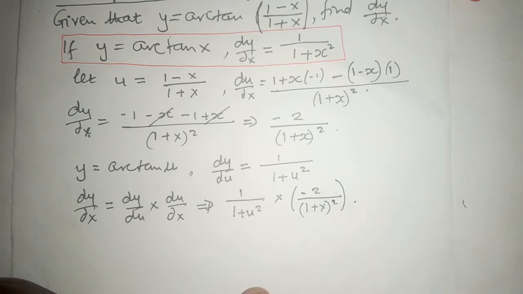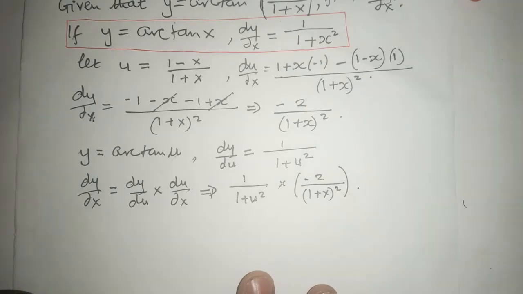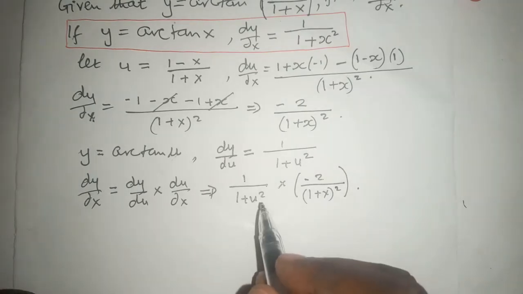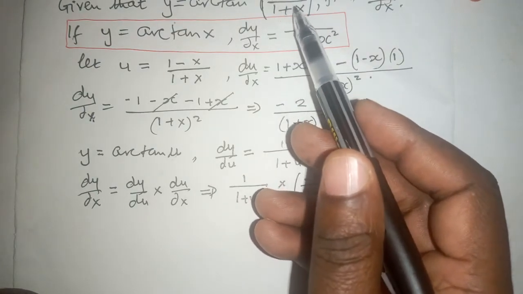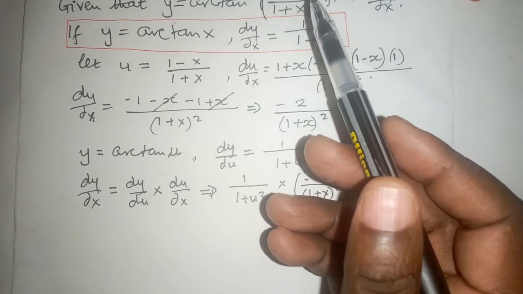Fine. We now have to substitute for u, because u was not originally u. u was (1 minus x) over (1 plus x).